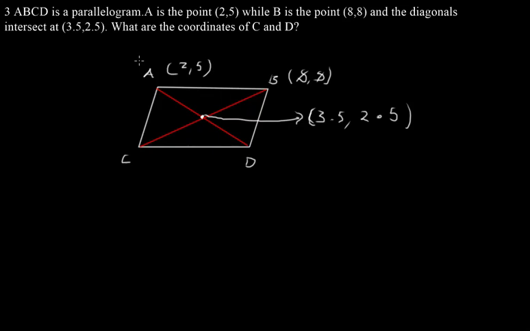So we've been given that parallelogram, points of the parallelogram, we've been given the points of intersection of the diagonals as well. So how do we proceed from this point? Well, if we're given the point of intersection of the diagonals, it simply means we've been given the midpoints of the diagonals.